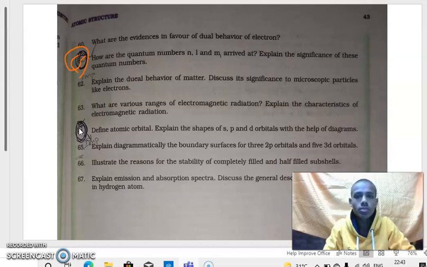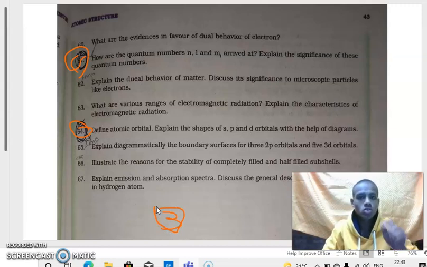And third important question is, define atomic orbital. Explain the shapes of s, p and d orbitals with the help of diagrams. These are three most important questions for first year chemistry, for those who are preparing for board exams.